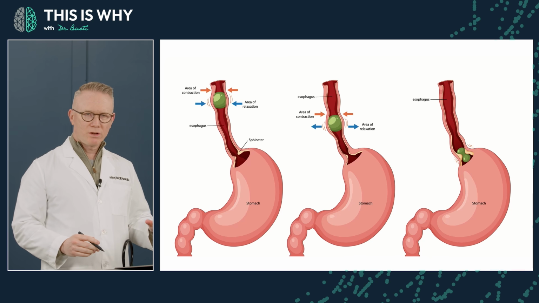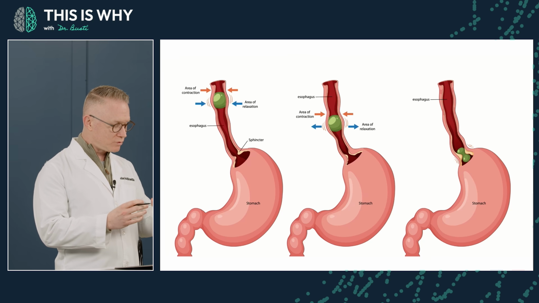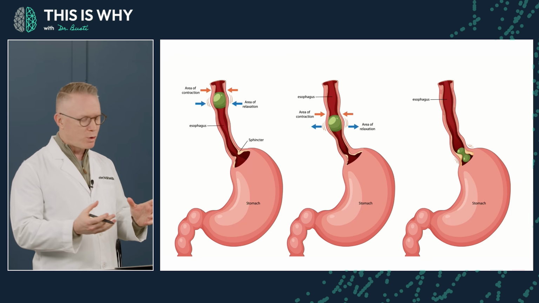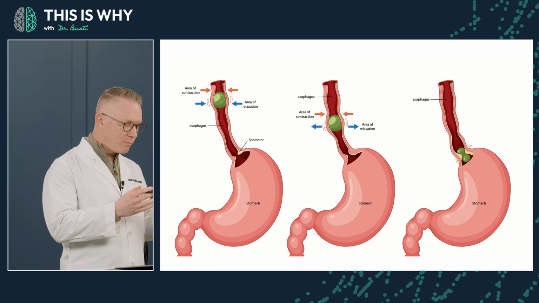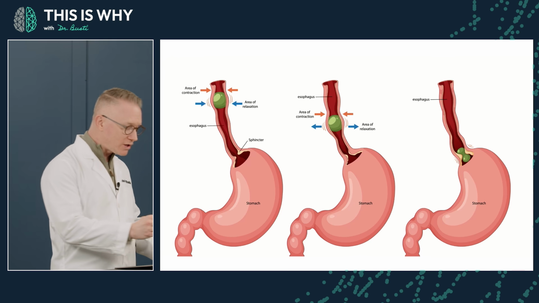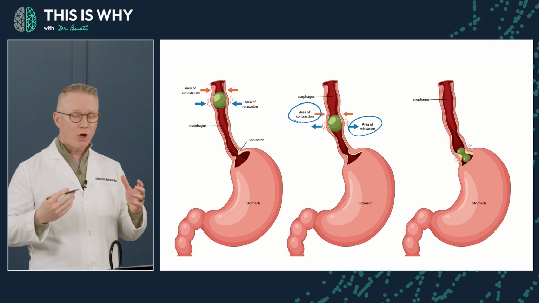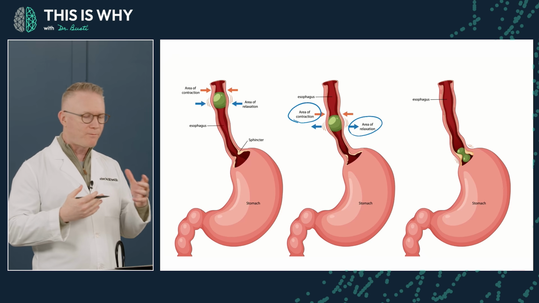So in this particular diagram and figure that I have here, you see that the circular thing is basically a food bolus, and as it moves down the esophagus, there's this area of contraction, and then there's an area of relaxation. That results in a peristaltic forward movement.